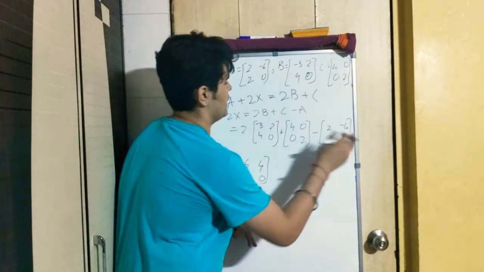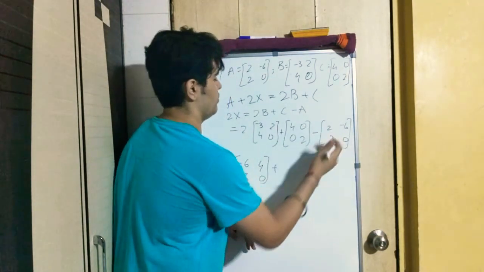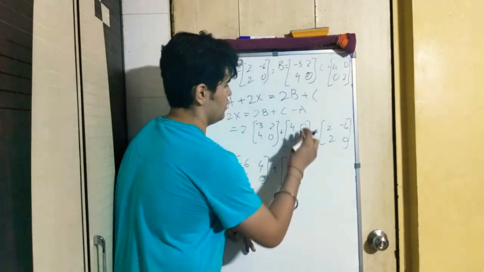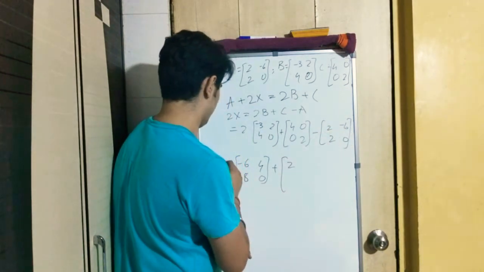You can even subtract the 2 matrices. 4 minus 2 is 2. Here it is 2x, okay?